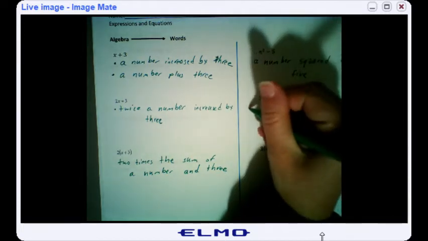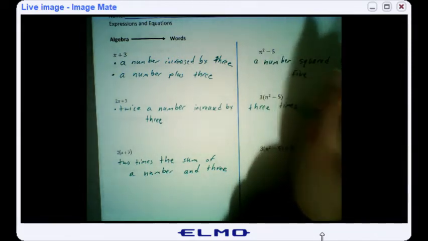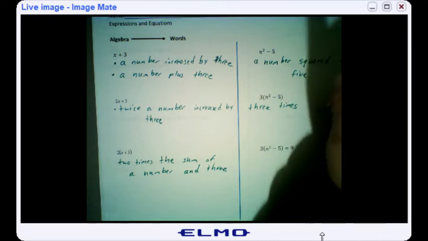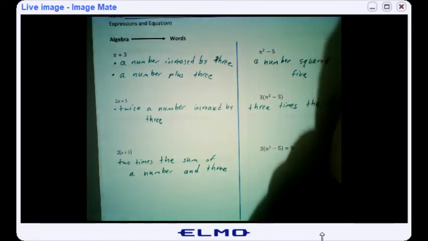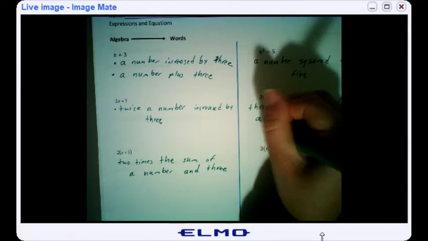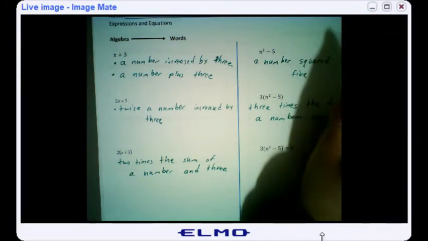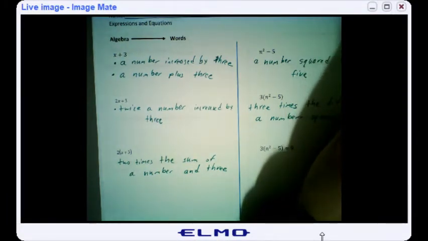We could write 3 times, we're talking about subtraction inside parentheses, so the difference of a number squared and 5.